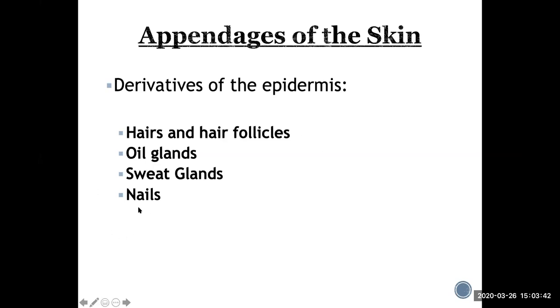So within that loose areolar tissue, which is made up of mast cells, macrophages, fibroblasts, in an extracellular matrix of collagen and elastic fibers, there are also these other things that are associated with the surface of your body, with your skin.